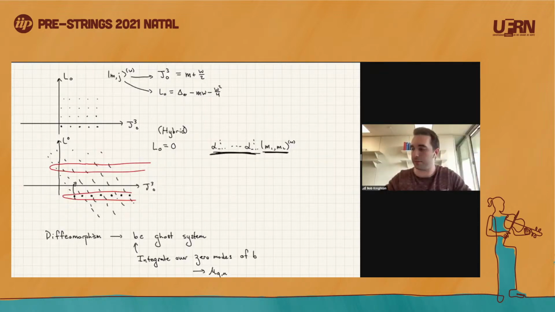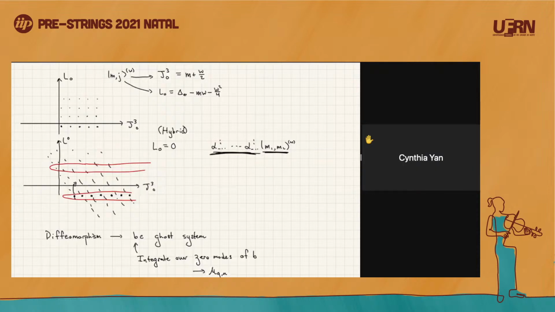I'm not entirely sure what you mean by a high level explanation. For example, you had this diagram, and before the flow, you could have this J0 go from negative infinity to infinity.